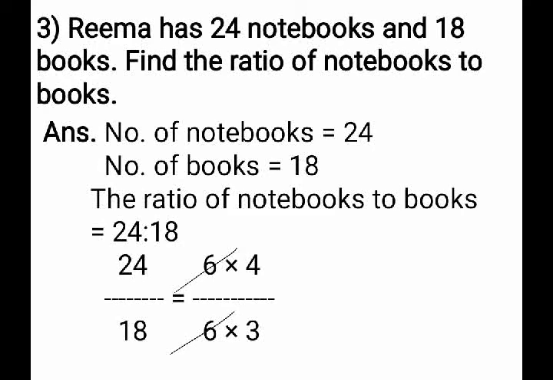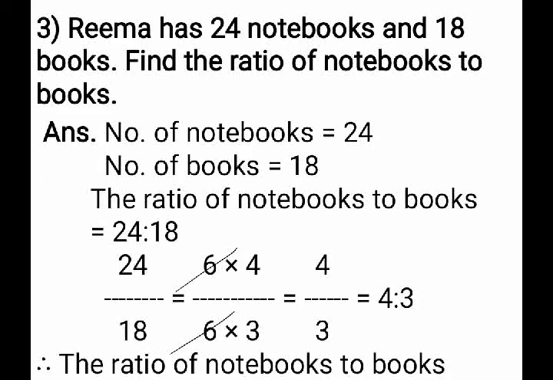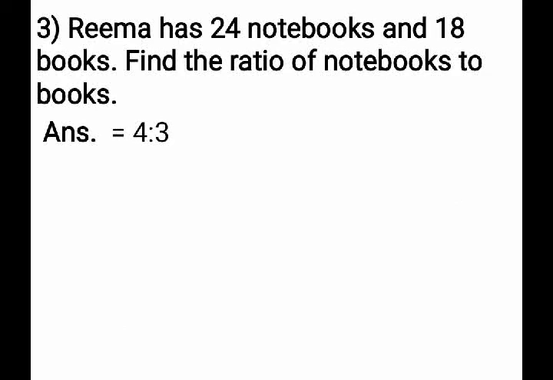So what will remain? 4 upon 3. The ratio form of 4 upon 3 is 4:3. Then the final statement you have to write. Therefore, the ratio of notebooks to books is equal to 4:3.